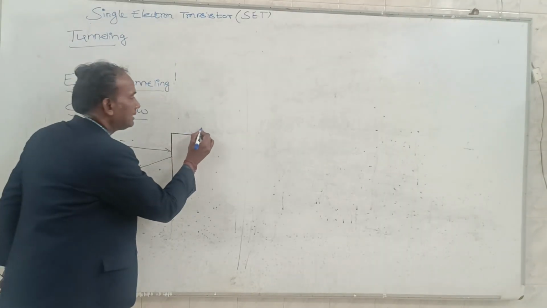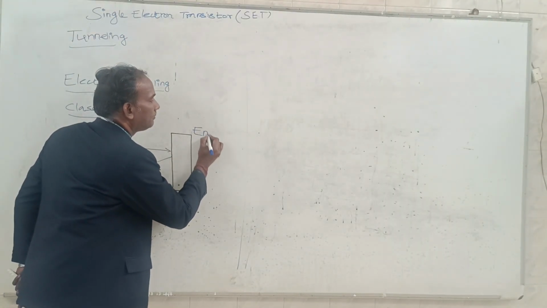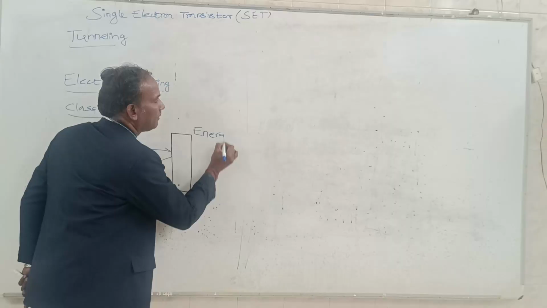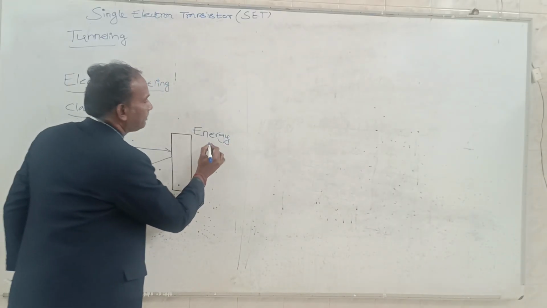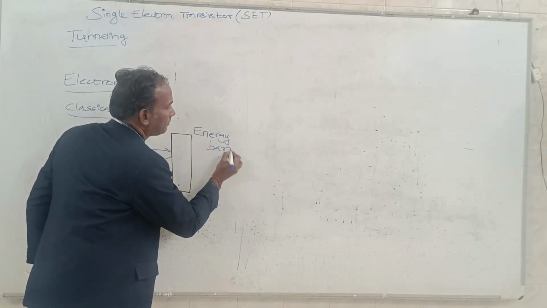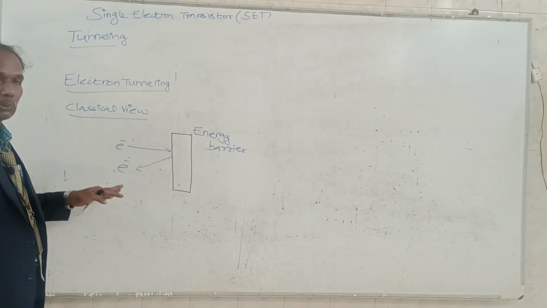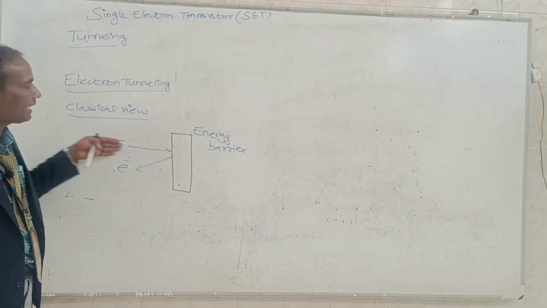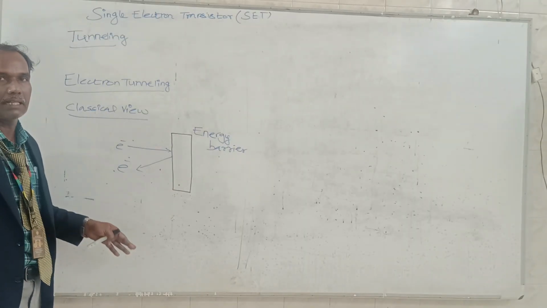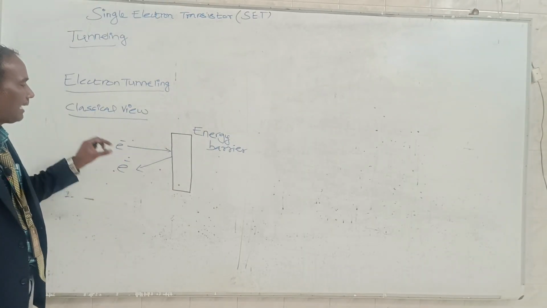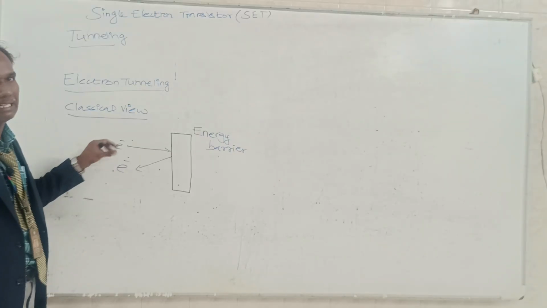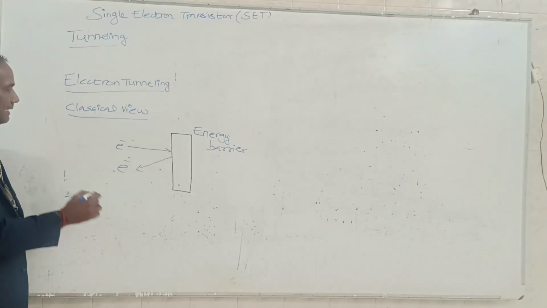So we can conclude, the electron cannot penetrate through the energy barrier because here the electron exhibits its particle nature.